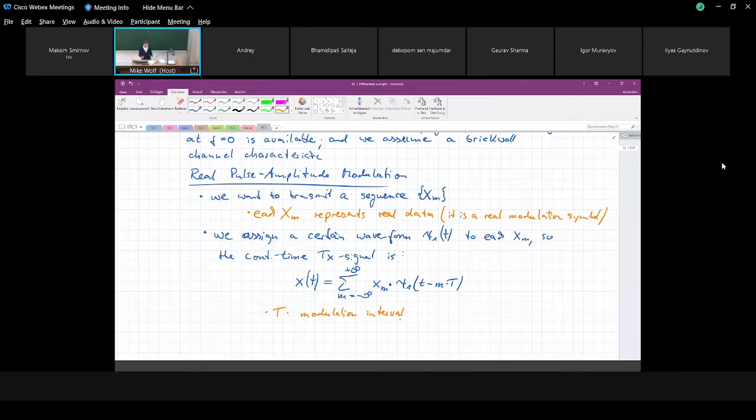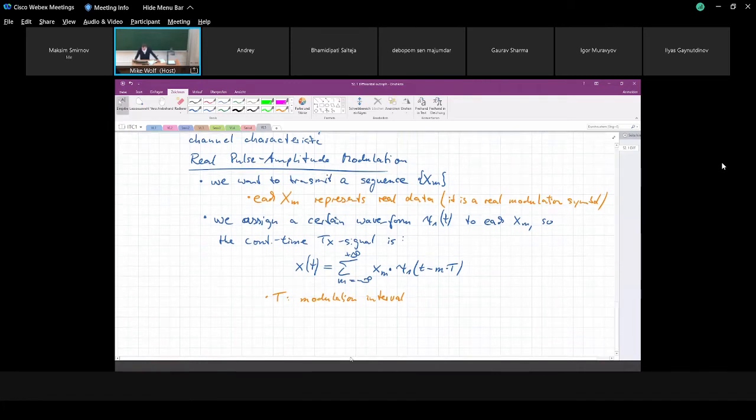You could say 1 by capital T is the modulation or symbol rate, but we define this as modulation interval. And you see, we generate these psi's with each new interval and weight this amplitude. Therefore, this is pulse amplitude modulation, as we wrote here.